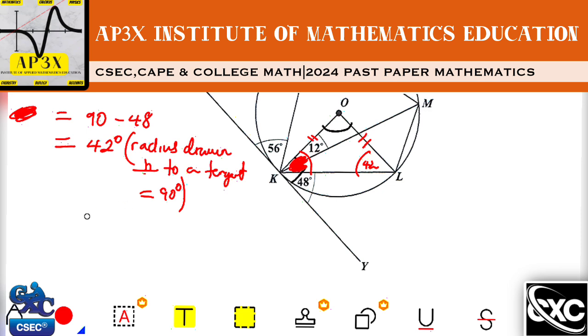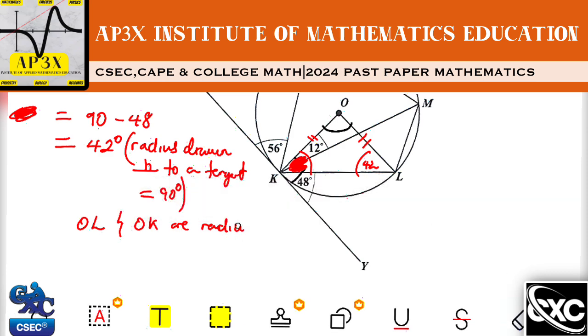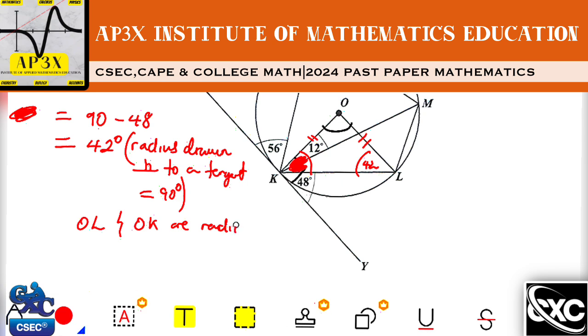So another reason is that OL and OK are radii of the same circle. That's what I know for certain.